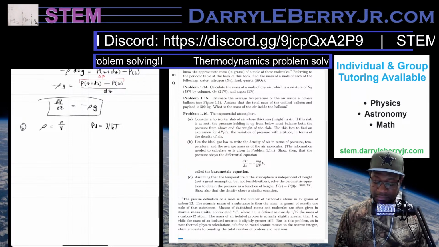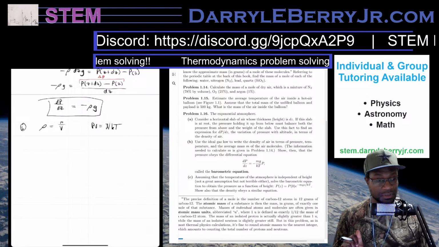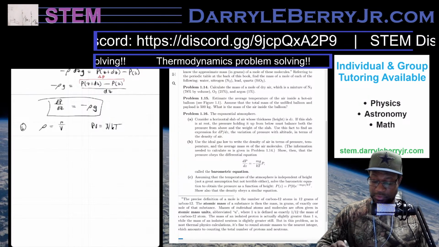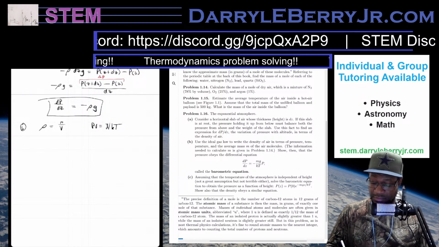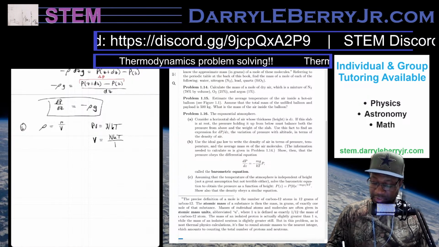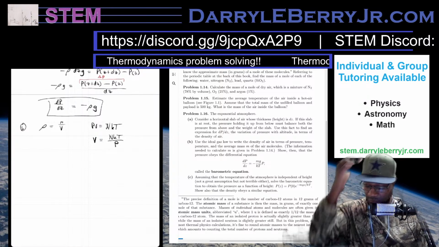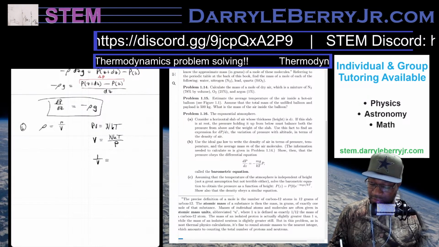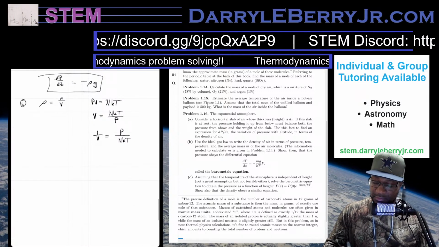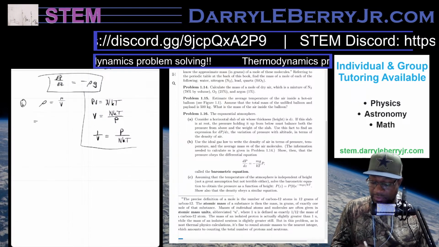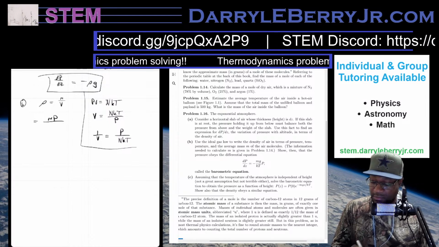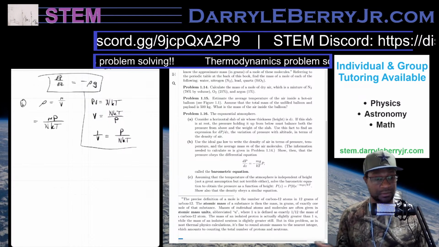So we should be able to just solve for V and substitute. V equals NkT over P, and 1 over V equals P over NkT. So rho equals MP over NkT.